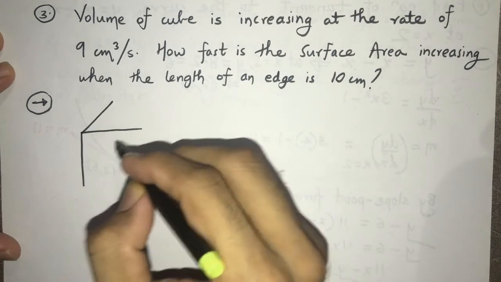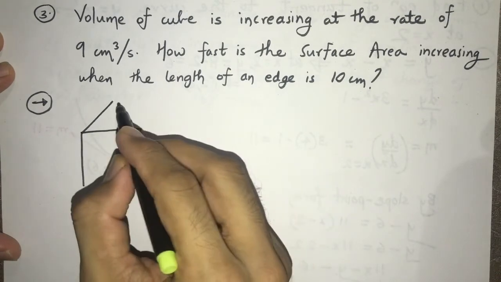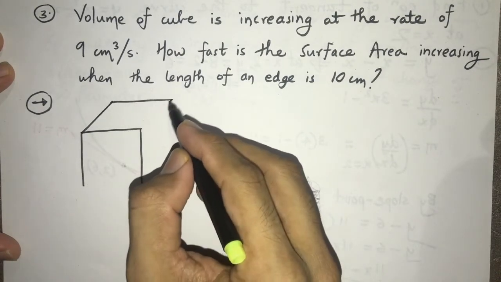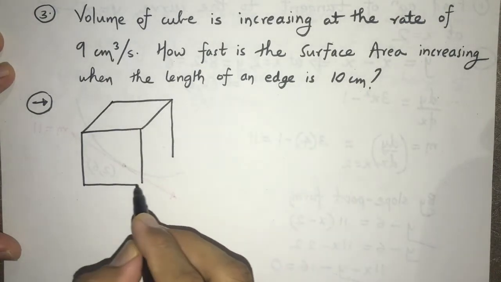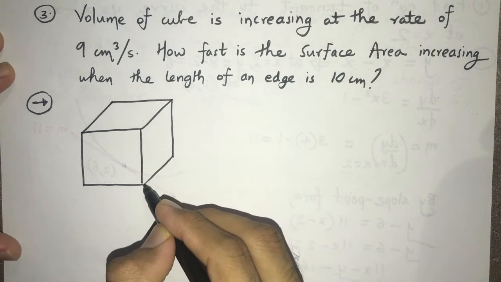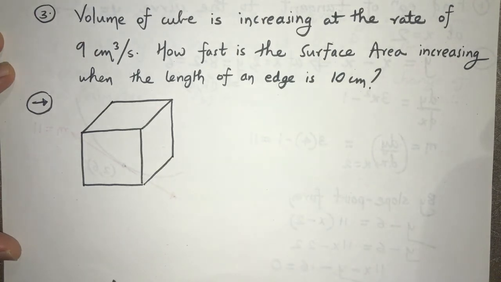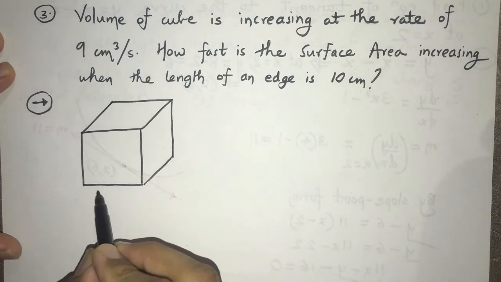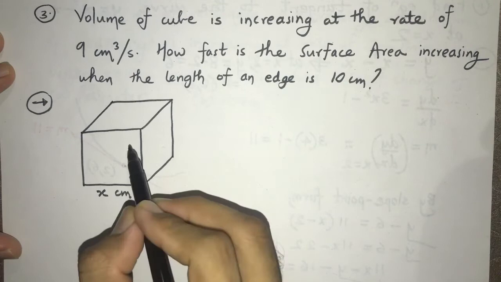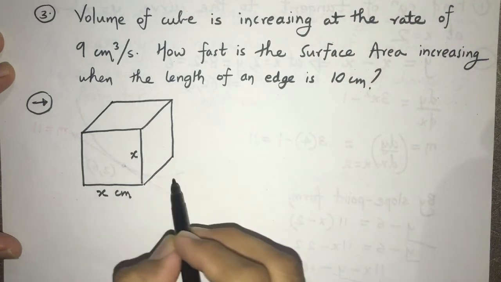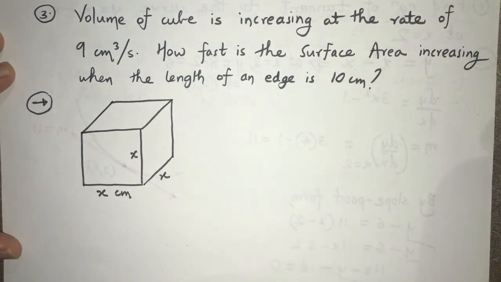When I say cube, all the edges are of the same length, right? So let the length of each edge be x centimeters. So length will be that, height will be that, and obviously breadth will be the same.